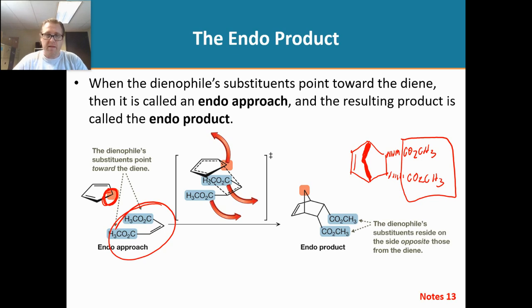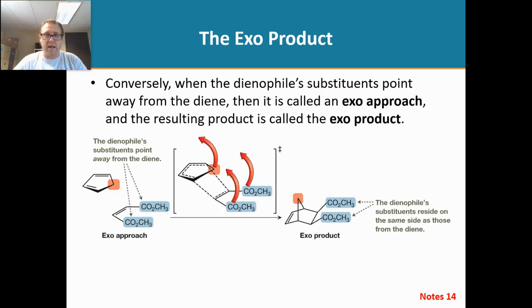Okay. So let's take a look at the exo product. All about approach. Now do you see how the approach of those electron withdrawing groups are pointing away from the diene? When you look at the transition state, you can see that the groups are not underneath the ring.